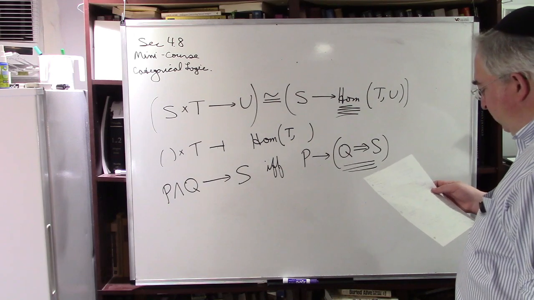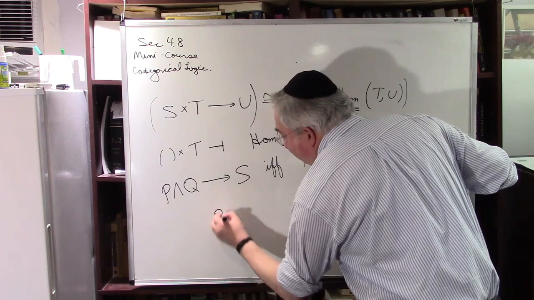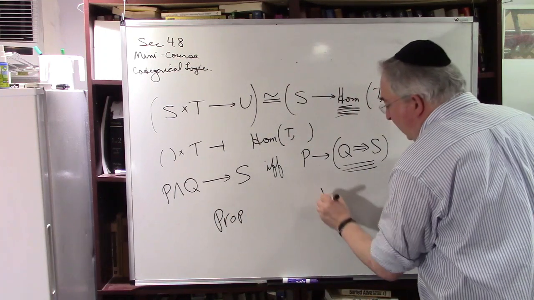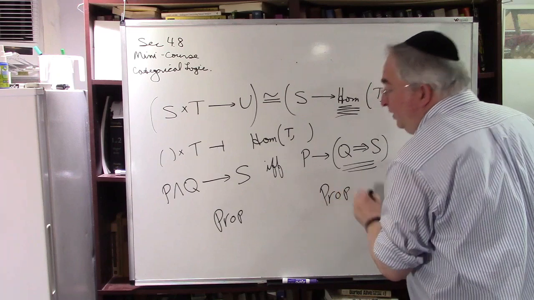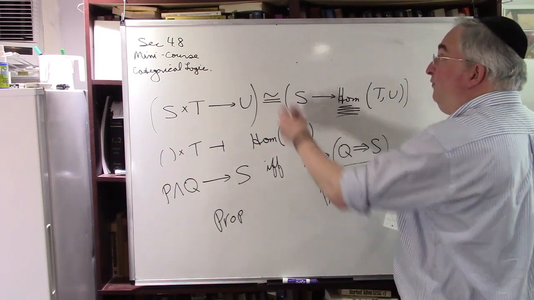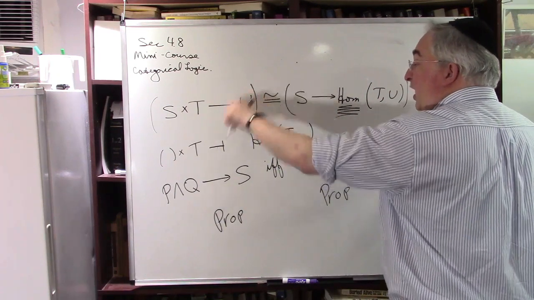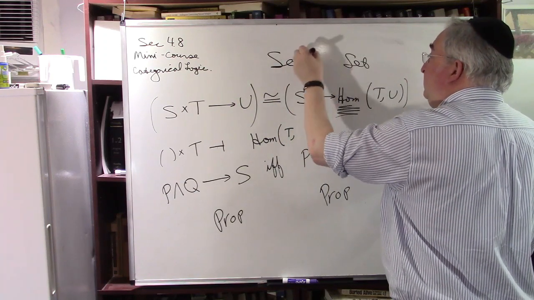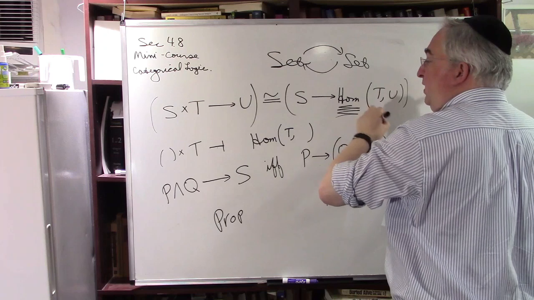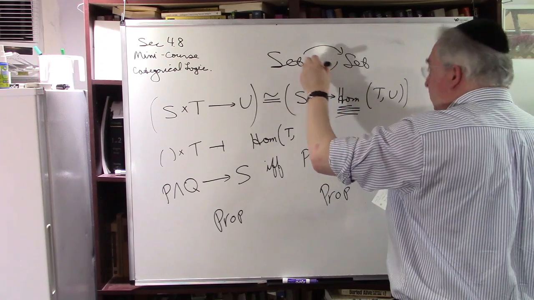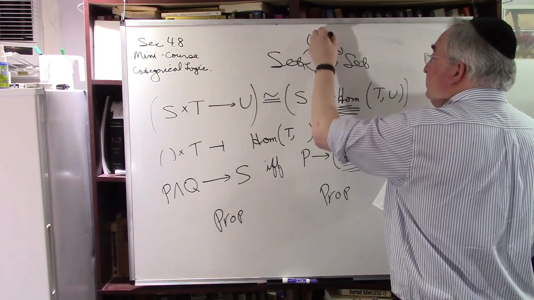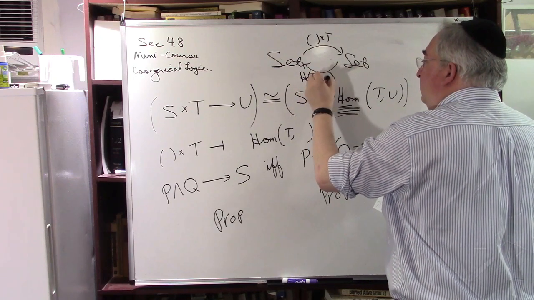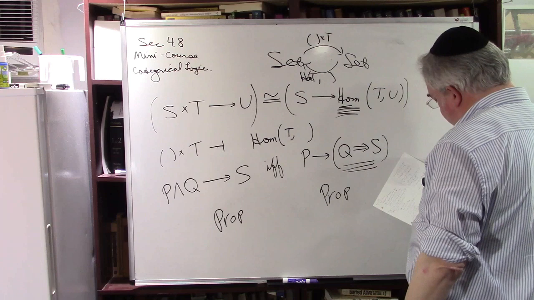Okay, so what we get is as follows. You have the category Prop. You have the category Prop again. We did this before for sets. I can show you this adjunction for sets.